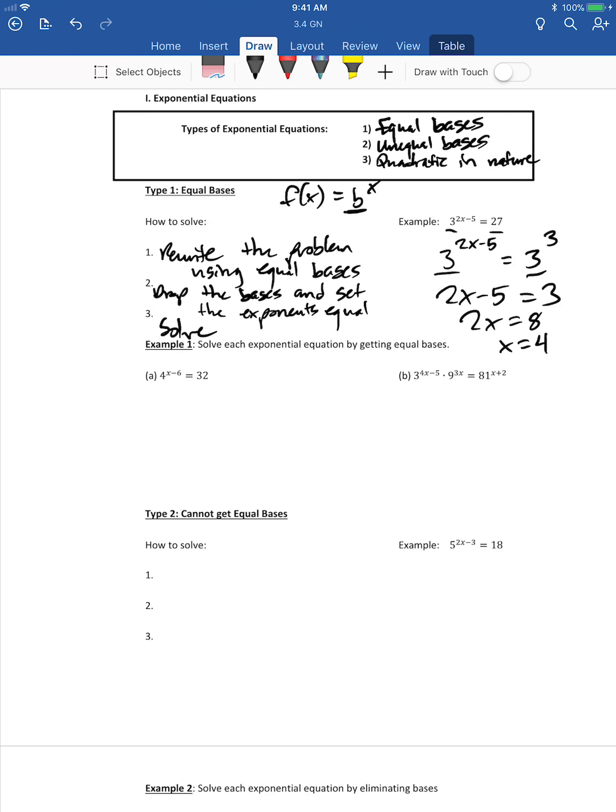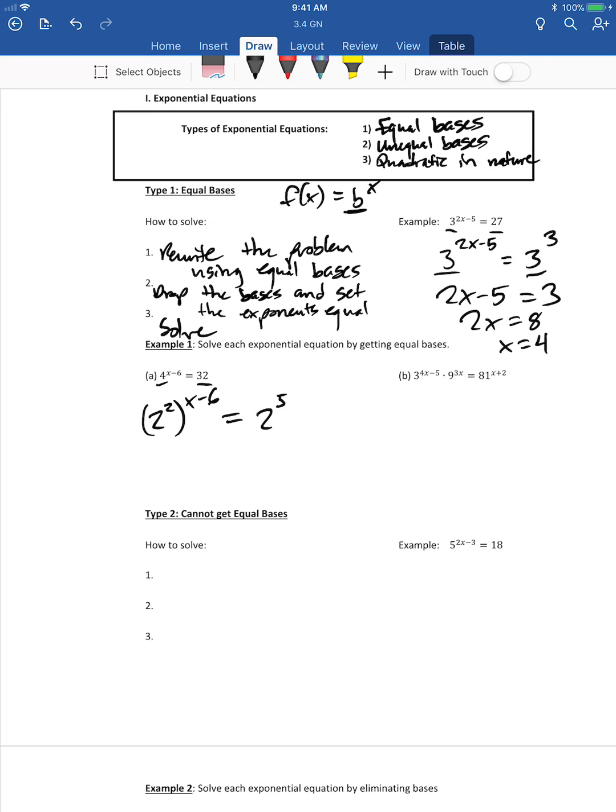So for A, I have base 4 and a base of 32. What can I get that's the same base? 2. I can rewrite 4 as 2 squared, and I can rewrite 32 as 2 to the 5th. 2 squared to the x minus 6 power.